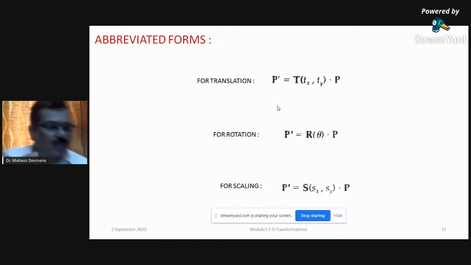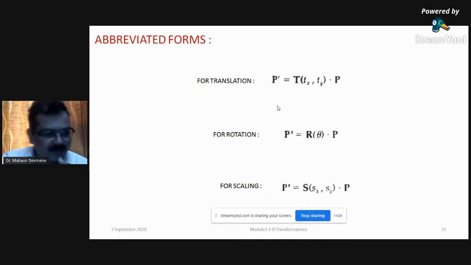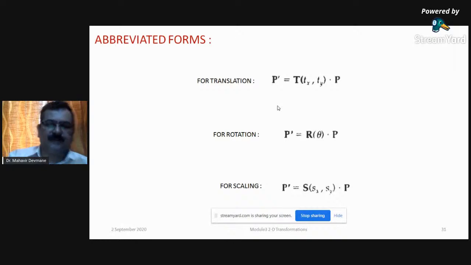What will happen when I require it in the clockwise direction? Instead of plus theta, mark it as minus theta for clockwise rotation of the object. Then for scaling, the scaling factors Sx and Sy are the two scaling factors, that is scaling in the x direction and scaling in the y direction of the object.